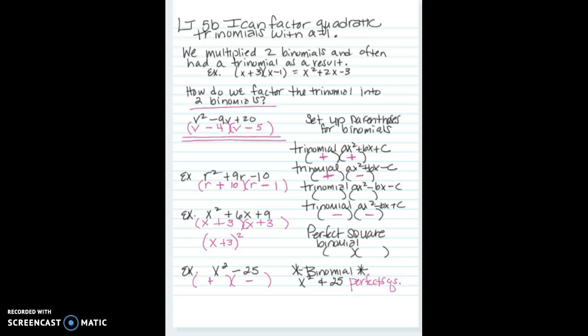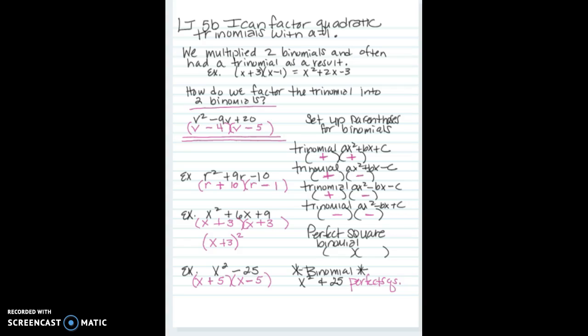In the first position, the factors of x squared are x and x. In the second position, the factors of 25 are 5 and 5. We did not do an example of ax squared minus bx minus c, so I do want to let you know that if you have that form, your signs on the inside are positive and negative.